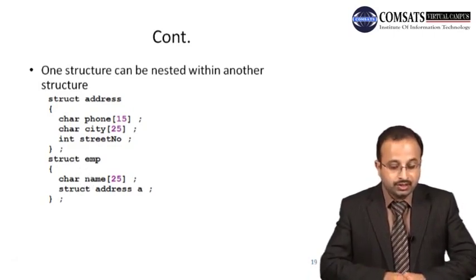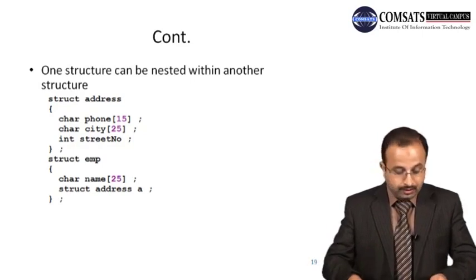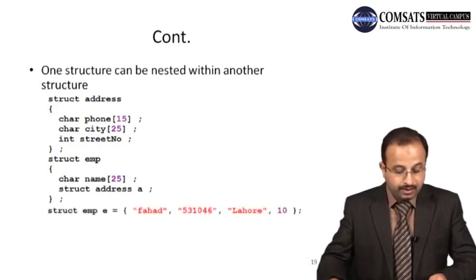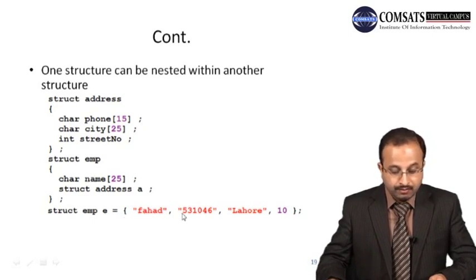So we have an employee structure and address structure. A variable of address structure is nested in employee structure. So if we declare a variable of employee, so struct employee type का variable आपने declare किया, इसका नाम है E, and you initialize E with name and then phone number and then city and then street number.